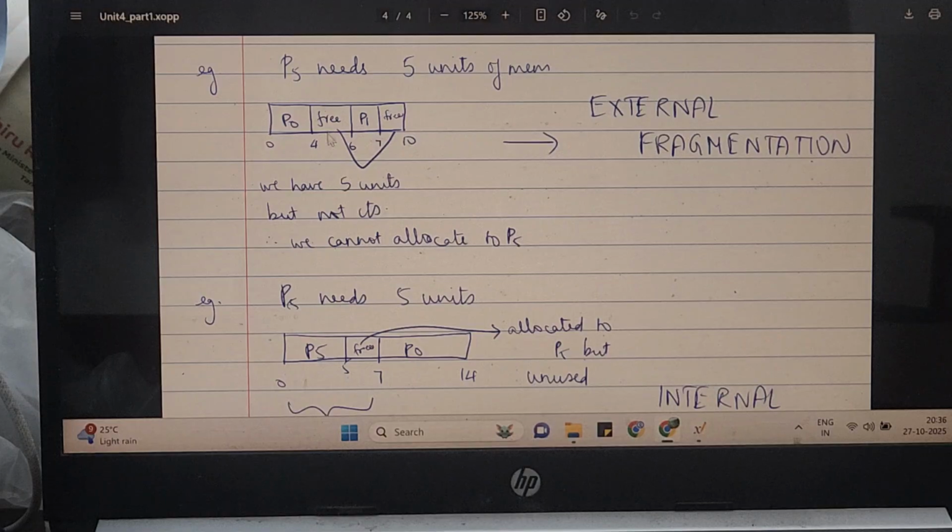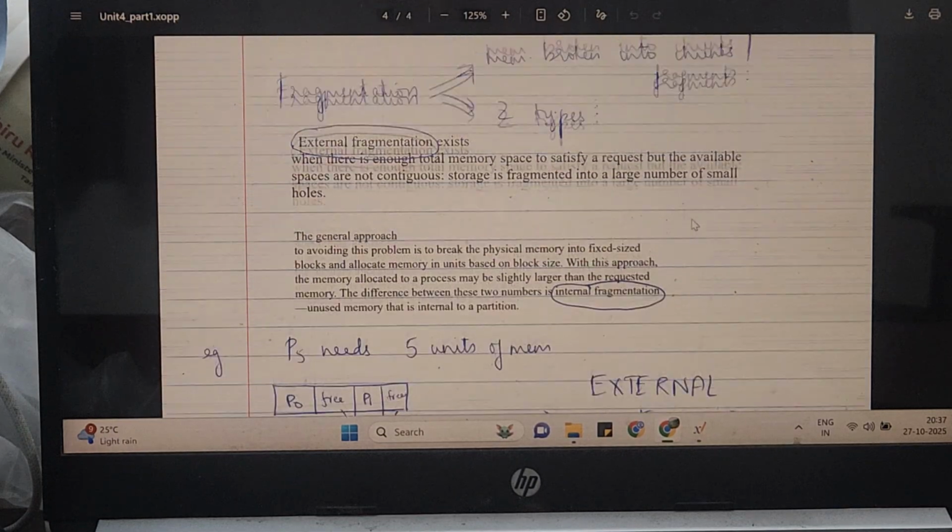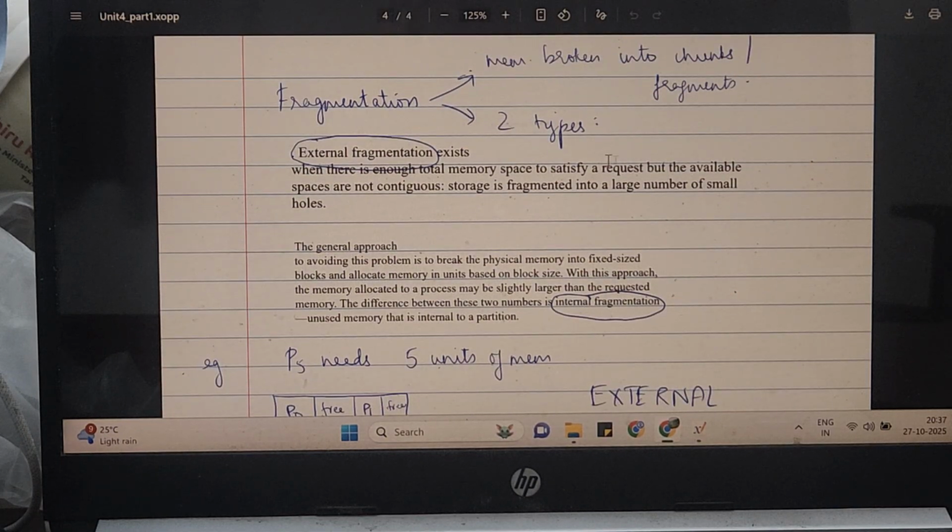Because that space is not continuous, P5 is being made to wait. So there's a delay involved, right? This kind of thing is called external fragmentation. You have enough total memory to satisfy the request, but the spaces are not contiguous, they are fragmented.